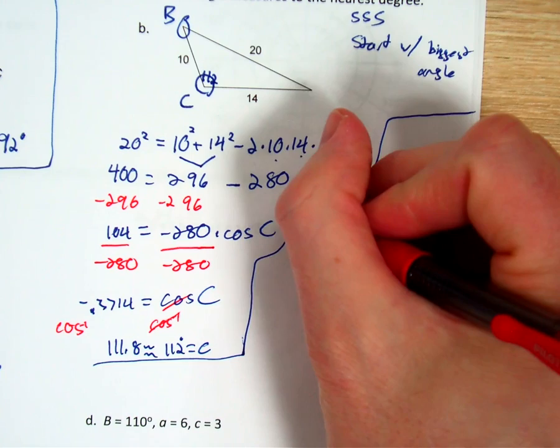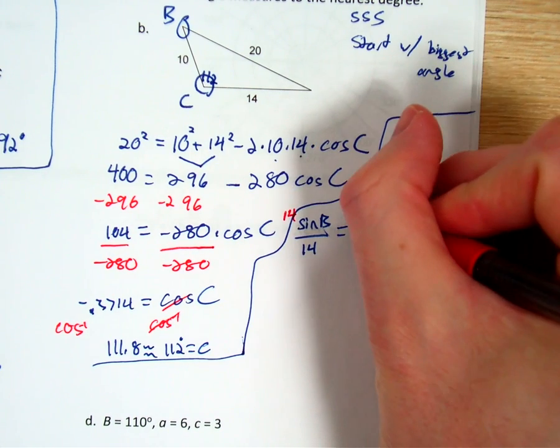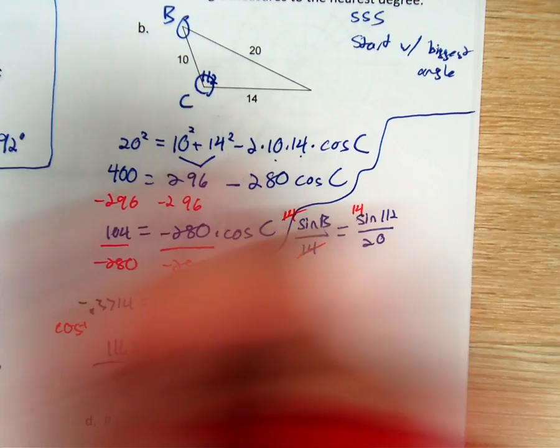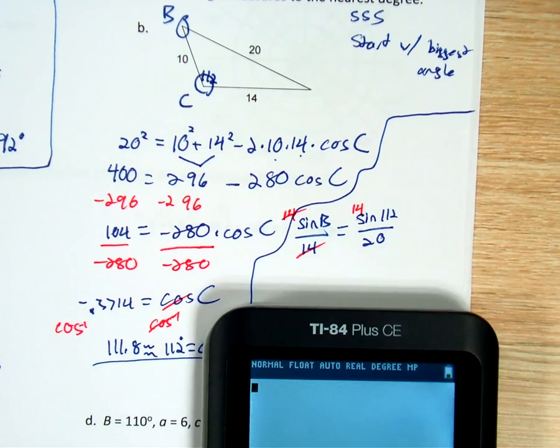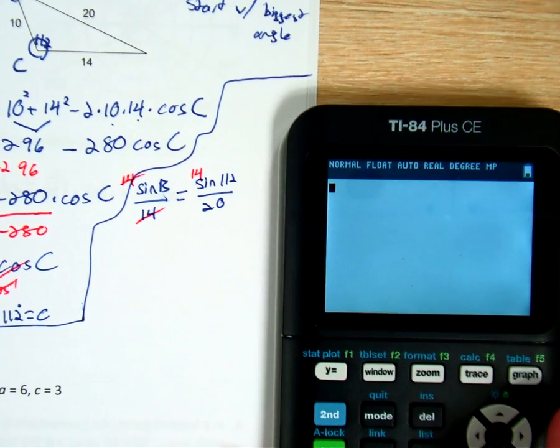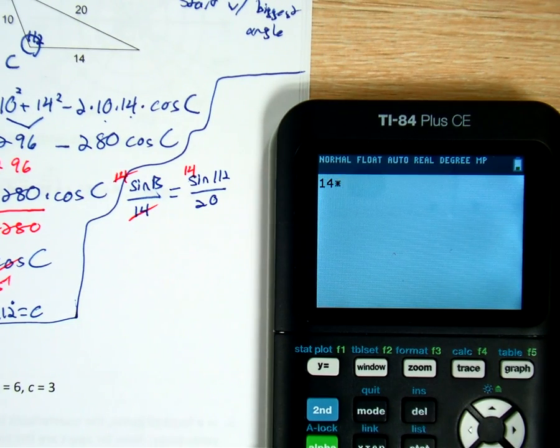So multiply both sides by 14 times sine of 112, divide by 20. Okay, we got that decimal.